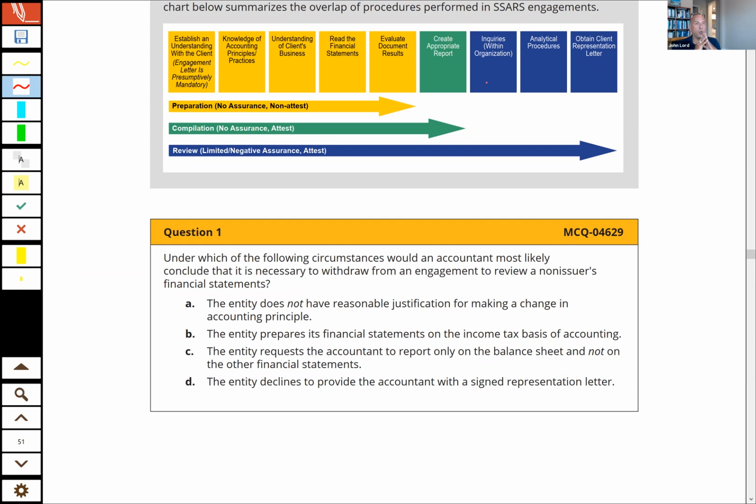What do you do if you have a known departure, which is what this A is describing, from GAAP in a review? It's included in the report. Okay, where?